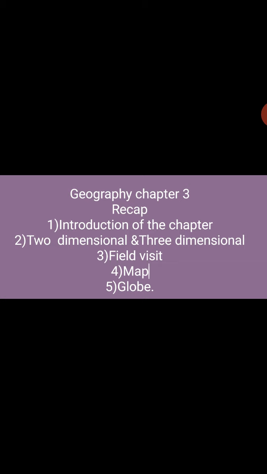And we learned more detail about the map also. So similarly, what we have learned is that a map is a two-dimensional object and a globe is a three-dimensional object, right? And we learned about the globe also, right? Globes can't give small regions' information.